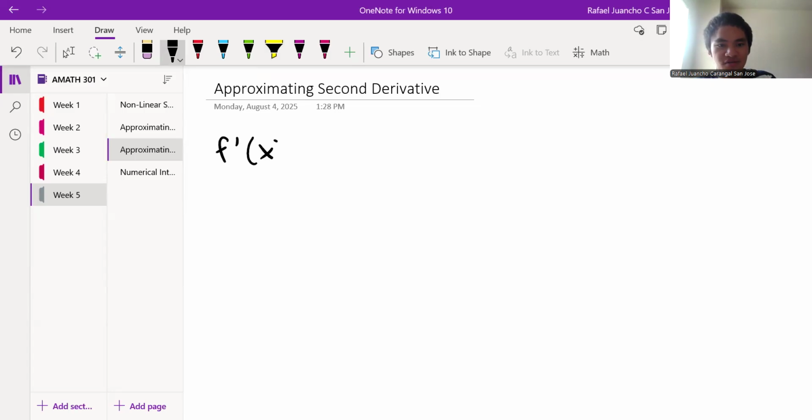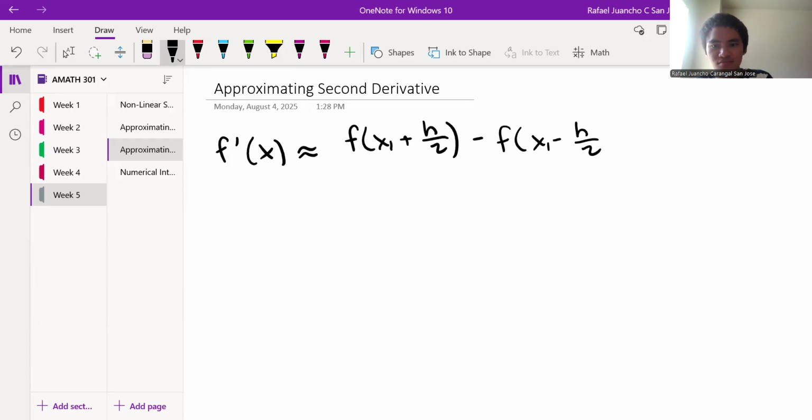So if my first derivative is approximately f of x1 plus h over 2 minus f of x1 minus h over 2, all over h, right? That was my center difference scheme.